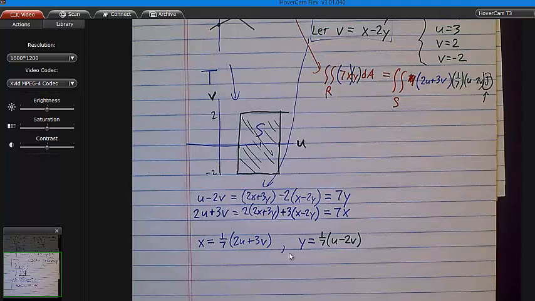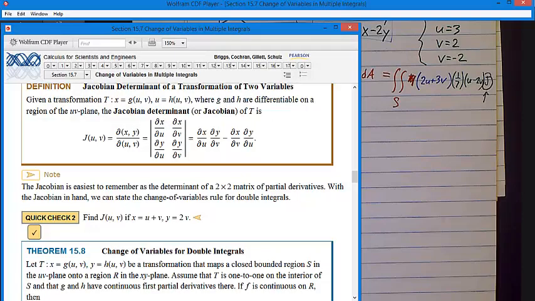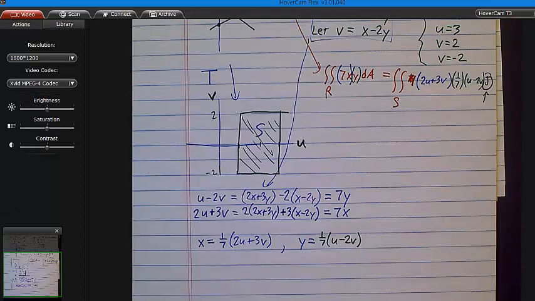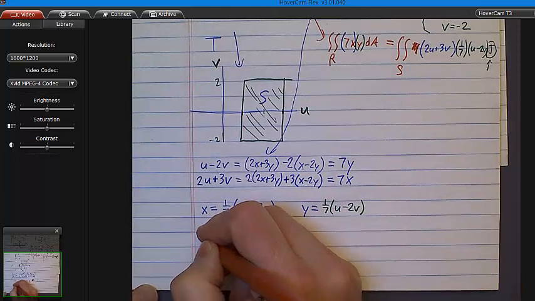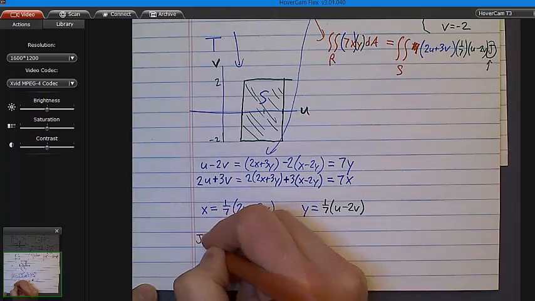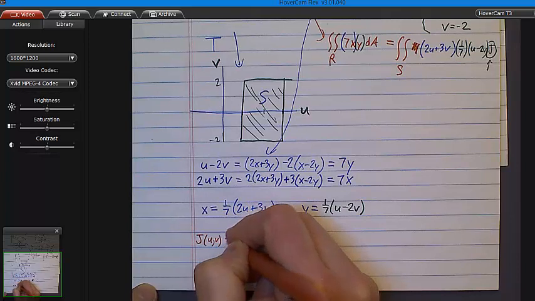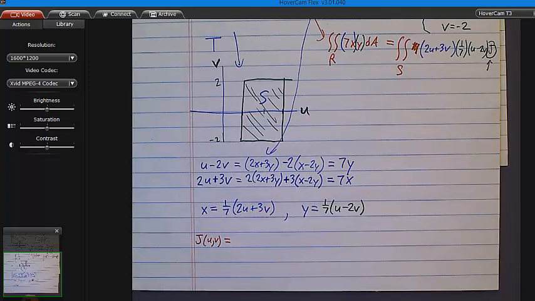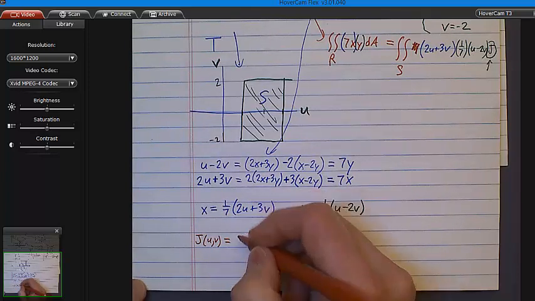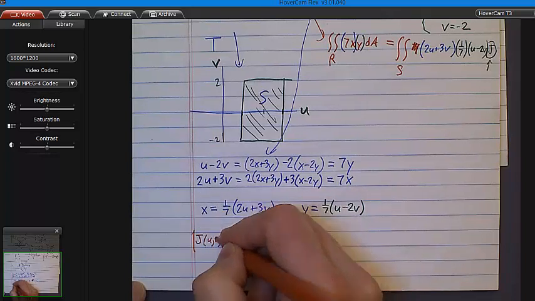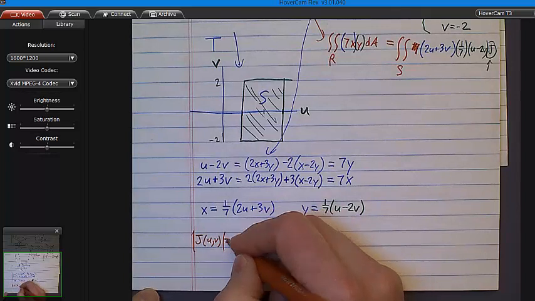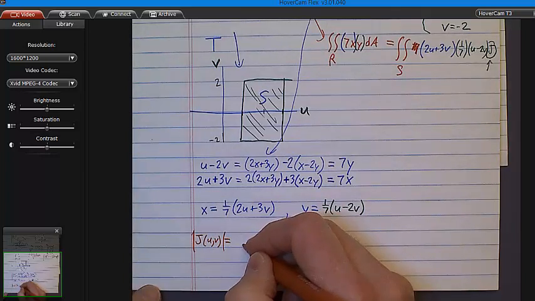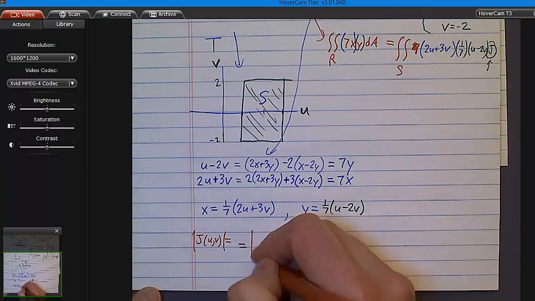So, looking at the book, the Jacobian of u and v, okay, the Jacobian of u and v is defined to be, or maybe the determinant of the Jacobian, because sometimes they'll write the bars, is defined to be the determinant of the matrix.